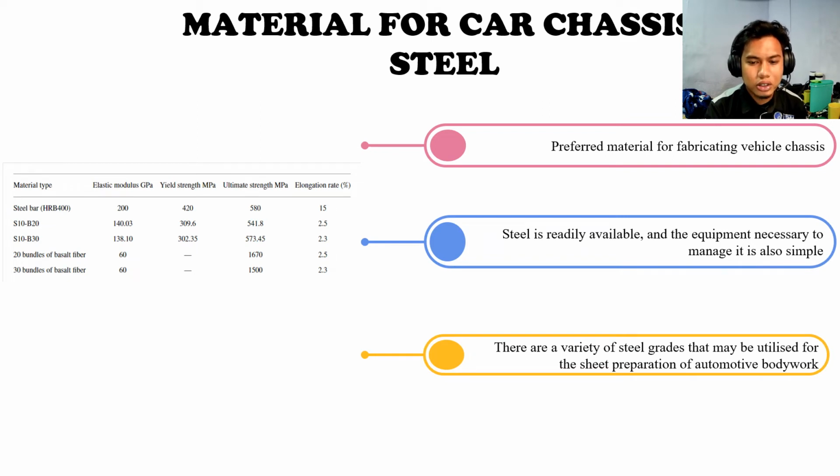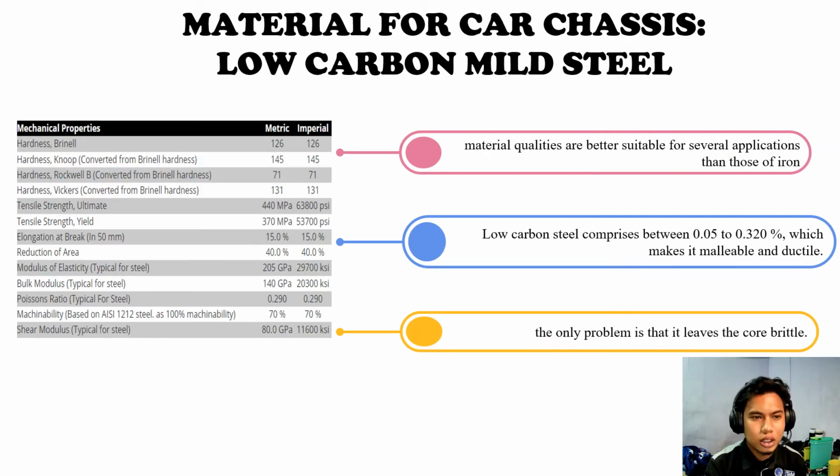There are a variety of steel grades that may be utilized for the preparation of automotive bodywork. The next material is low carbon mild steel. The material qualities are better suited for several applications than those of iron. Low carbon steel comprises between 0.05 to 0.32% carbon, which makes it malleable and ductile.